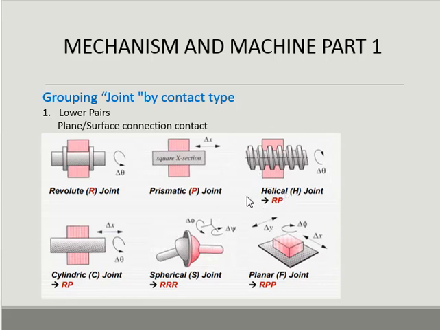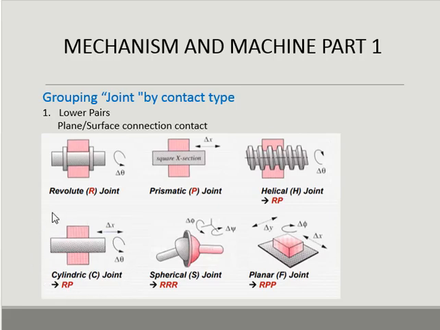And the third is the helical joint. Same as the revolute joint, it has a rotation motion. Fourth is the cylindrical joint. A cylindrical joint has a linear motion along the x-axis and a rotation motion.